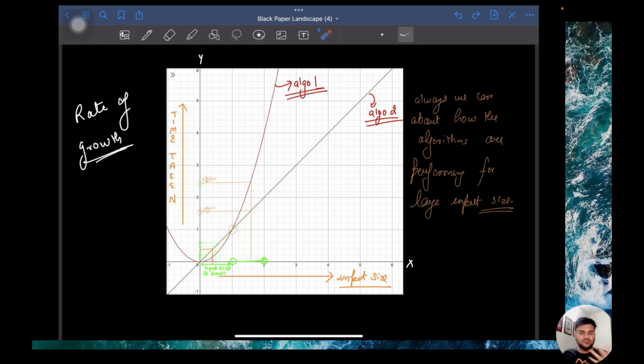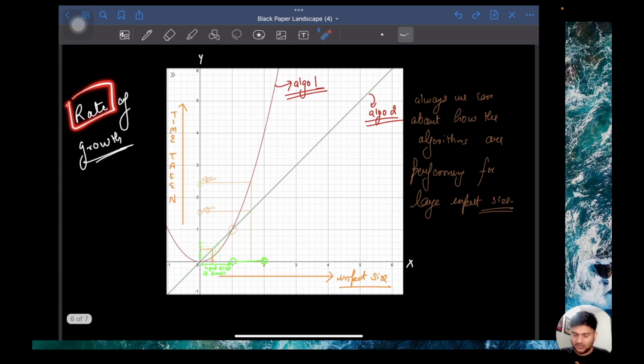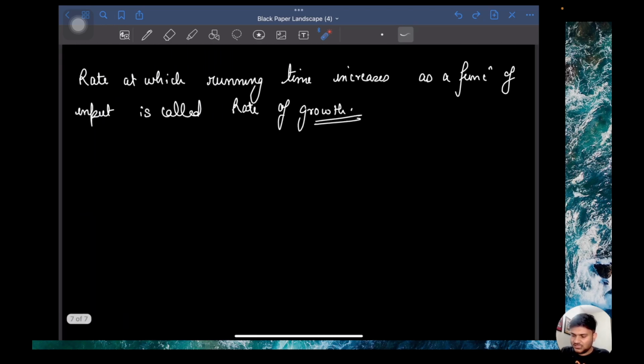If you are coming from a science background, you might have heard about this term rate. For example, rate of change of velocity, rate of change of displacement. These kinds of terms you might have heard, but if you are not coming from a science or physics background, then in simple terms, rate of growth means the rate at which the running time changes with change in input.